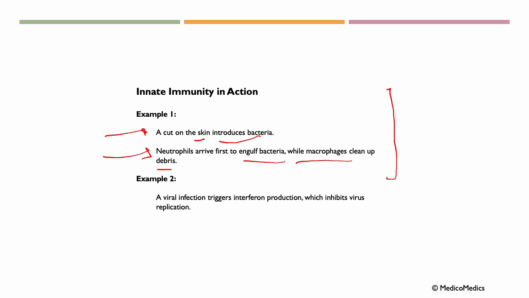They help clear away pathogens and debris. And they also secrete pro-inflammatory cytokines, like the interleukins we mentioned. For example, interleukin 1. Another one is tumor necrosis factor alpha. And these help sustain the response.